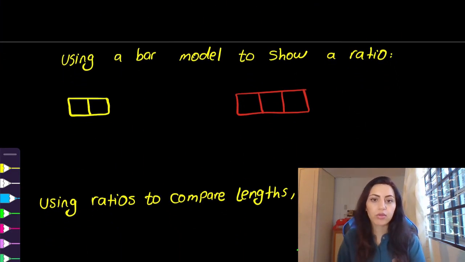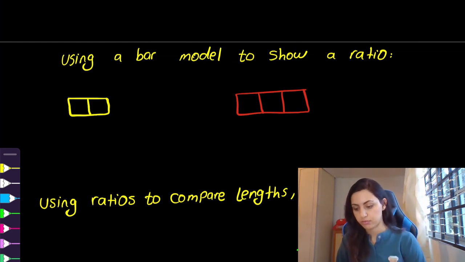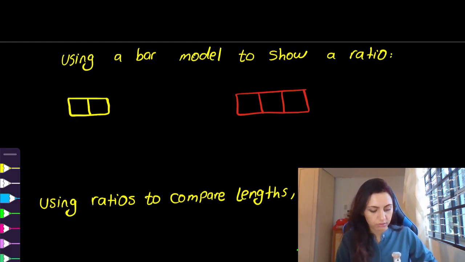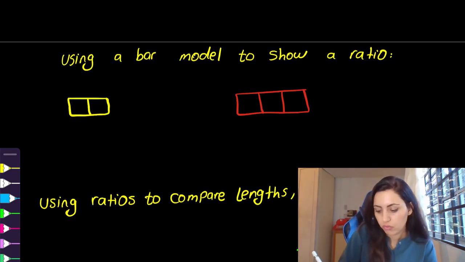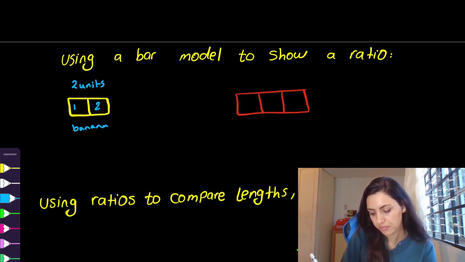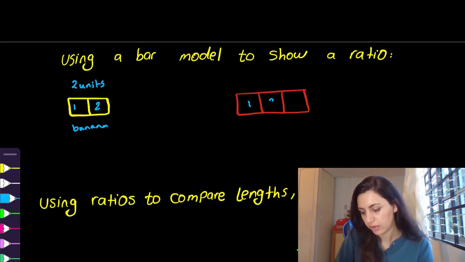Then we can show the ratio in different formats, using a bar model to show the ratio, which is going to be the second page. So for example, we have 2 units for banana, and we have 1, 2, 3 units for apples.